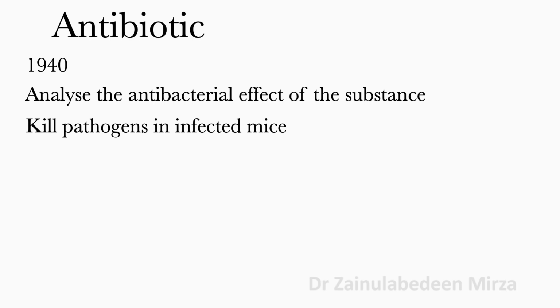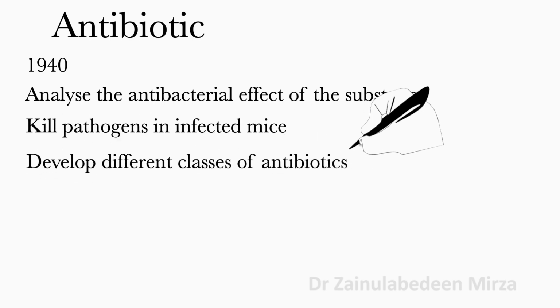Antibiotic drugs are usually safe and effective in treating bacterial disorders, ranging from minor infections to life-threatening diseases like pneumonia, meningitis, and septicemia. Since 1940, many different classes of antibiotics have been developed.